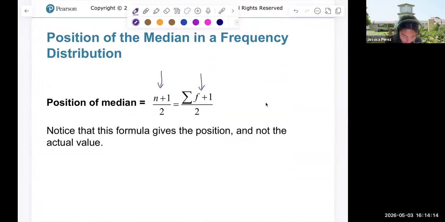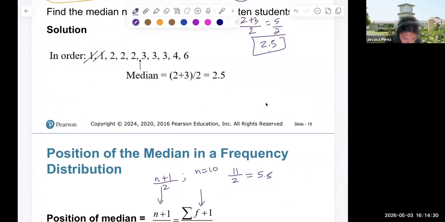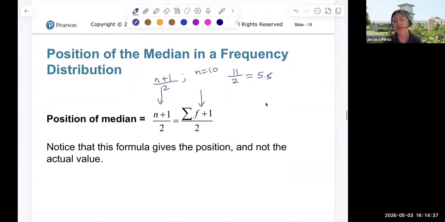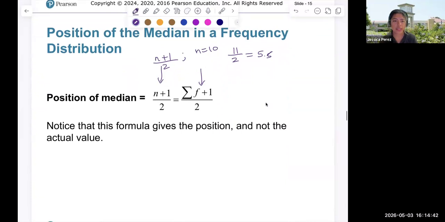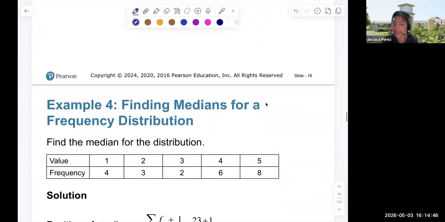For the previous example, n was 10, so it'd be 11 over 2, which is 5.5. So I'm looking at the fifth position, 1, 2, 3, 4, 5, right in the middle, 5.5. That means you have to add and divide by 2. So that tells me the position, not the actual value. That's a hint on how to find the median in this case.